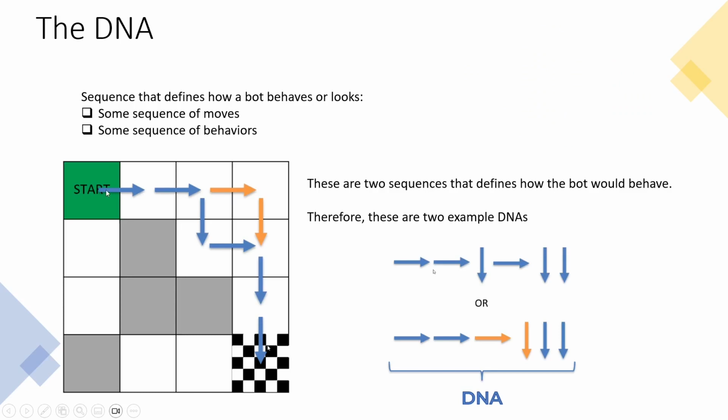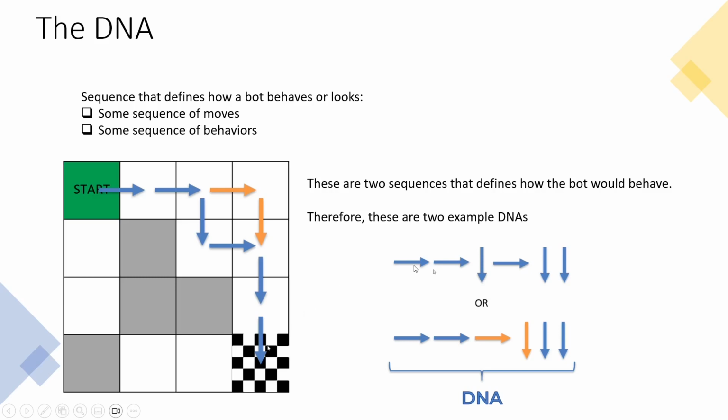So let's say our bot moved in this direction and then it went right, down, down, and it completed the path. Or it started here, it moved right, right, right, and down, down, down. These are basically two different DNAs for this bot.